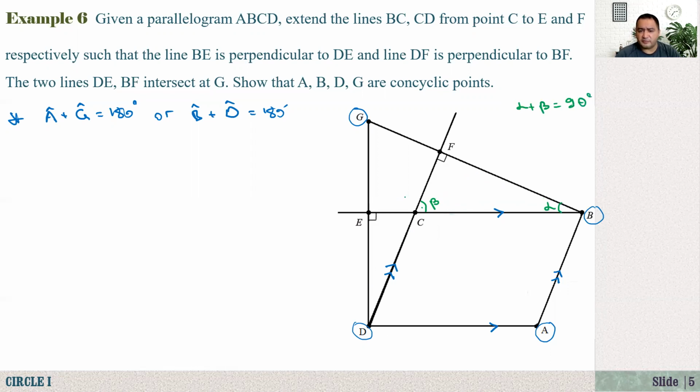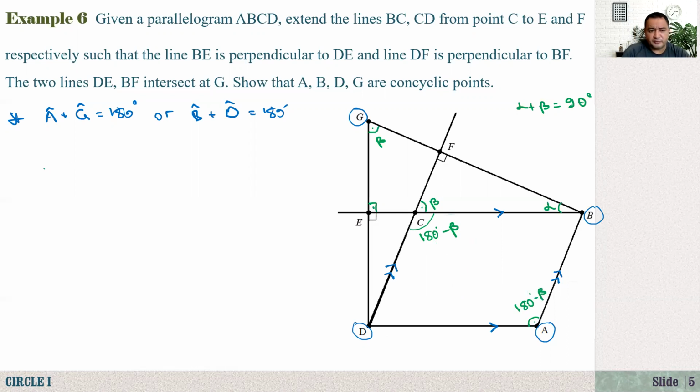Now if you look at the triangle EGB, and this one is right angle, also this angle should be beta. So now what is this angle? That is exterior angle, or interior angles, right? They form 180 degrees. So this angle should be 180 minus beta. We know that in a parallelogram opposite angles are equal. So if angle C is 180 minus beta, angle A also must be 180 minus beta.